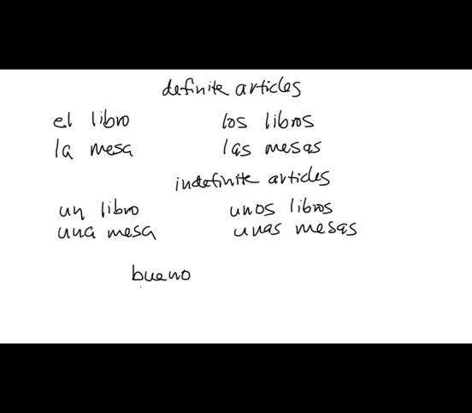For example, you want to say the good book, we say el libro bueno. And adjectives in Spanish, probably about 85% of the time or more, follow the noun that they describe. They don't come before as they do so often, well, all the time in English.